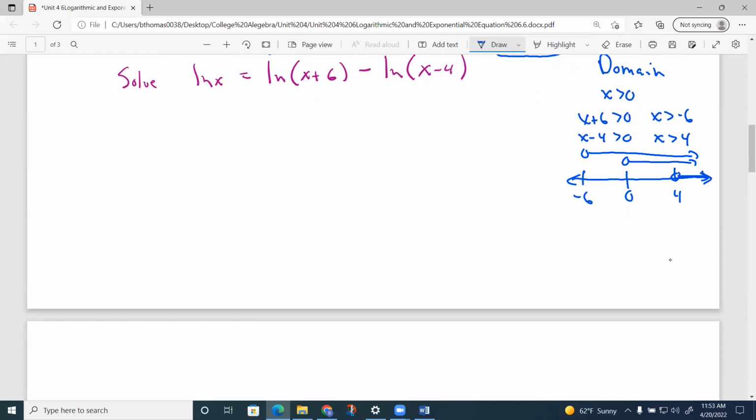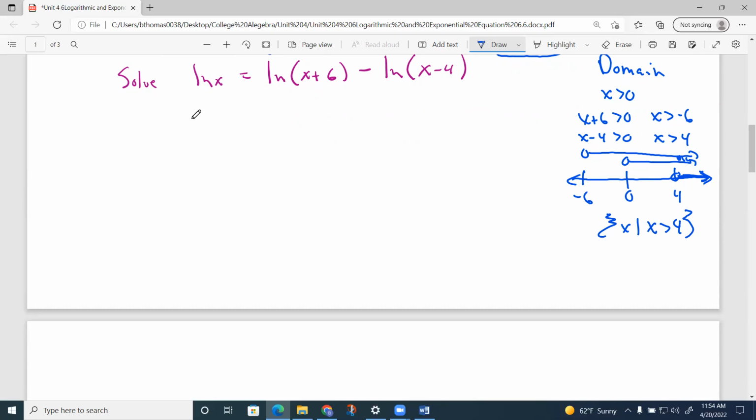So notice that greater than 4 is where they all overlap. So my domain becomes the set of x's such that x is greater than 4. That's the most restrictive domain. We can't go left of 4, because if we do, this one here is going to be a negative value, and we can't take the log of a negative value.